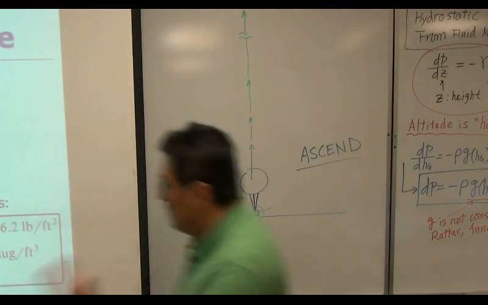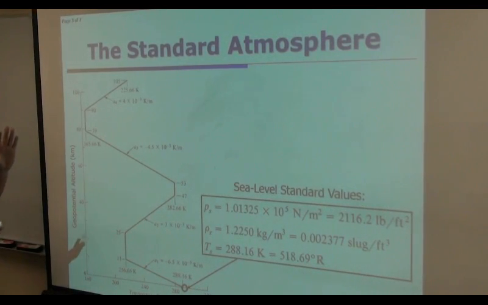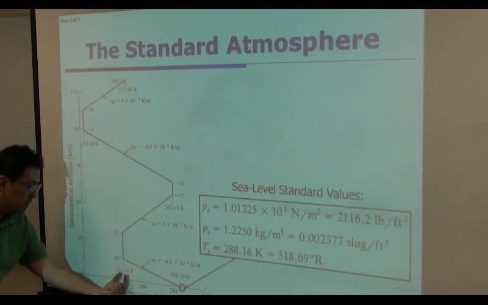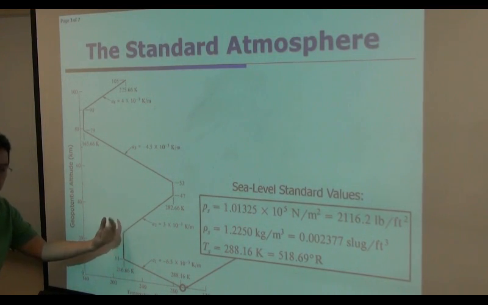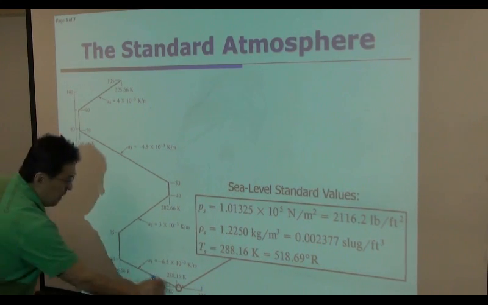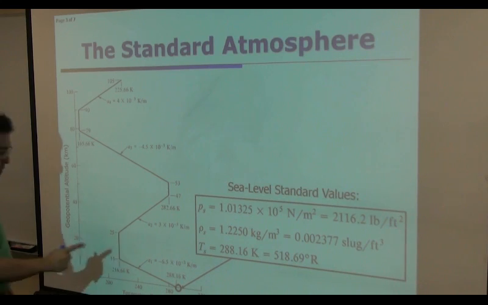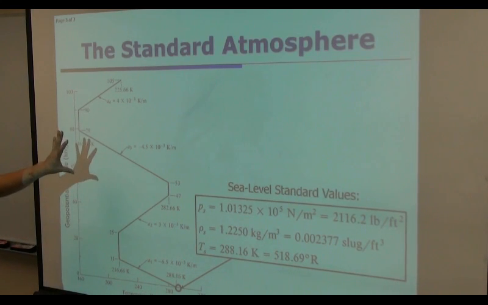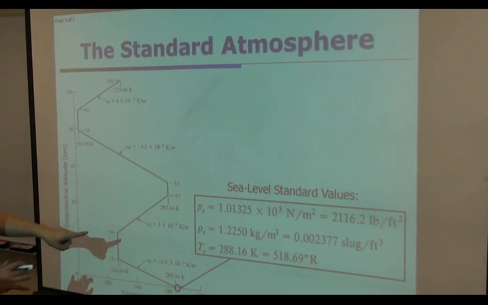Well, one of the significant achievements I can say in terms of aerodynamics is, as the balloon slowly goes up and up and gains altitude, you just keep measuring the temperature. Then you can plot it, and this seems to be the typical result of temperature distribution within the atmosphere.